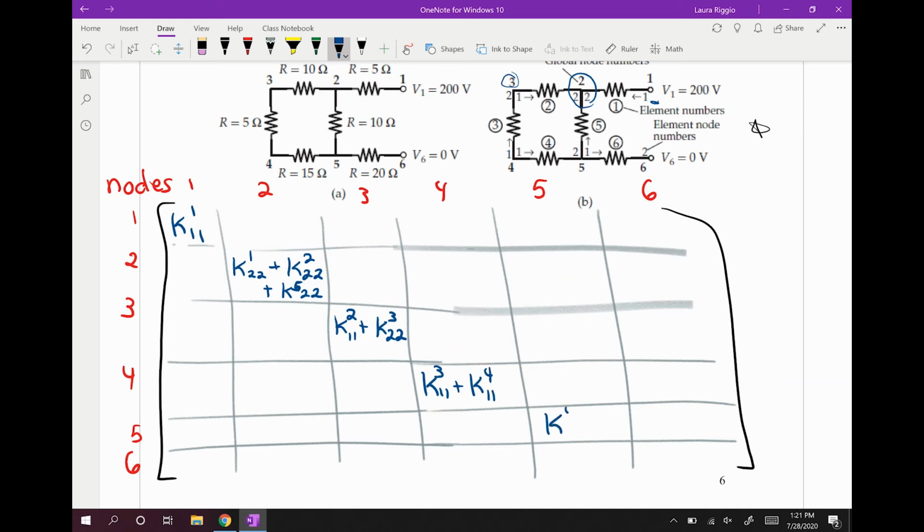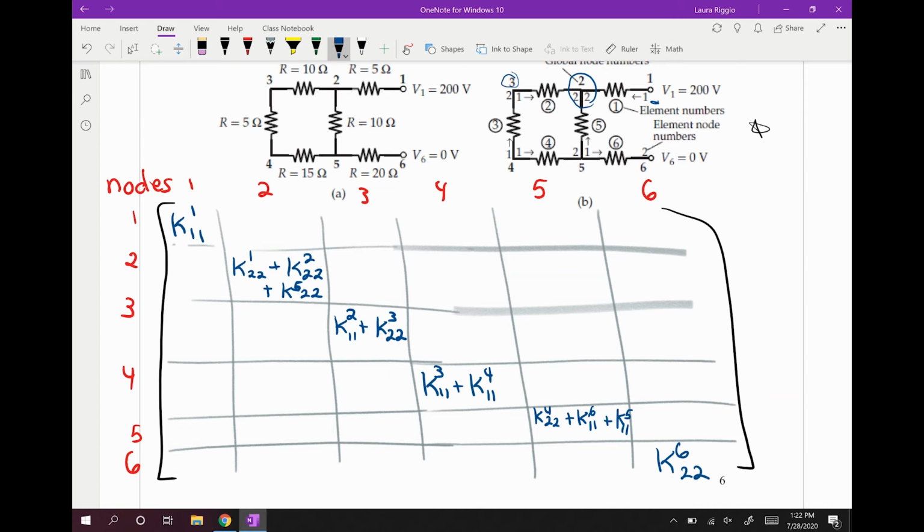At point 5, we have resistor 4, end 2, and resistor 6, end 1. We also have resistor 5, end 1. Then at point 6, we just have resistor 6, end 2.